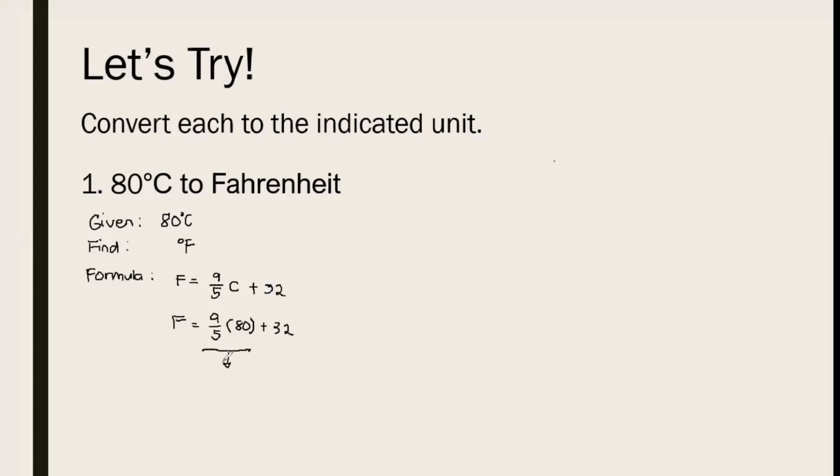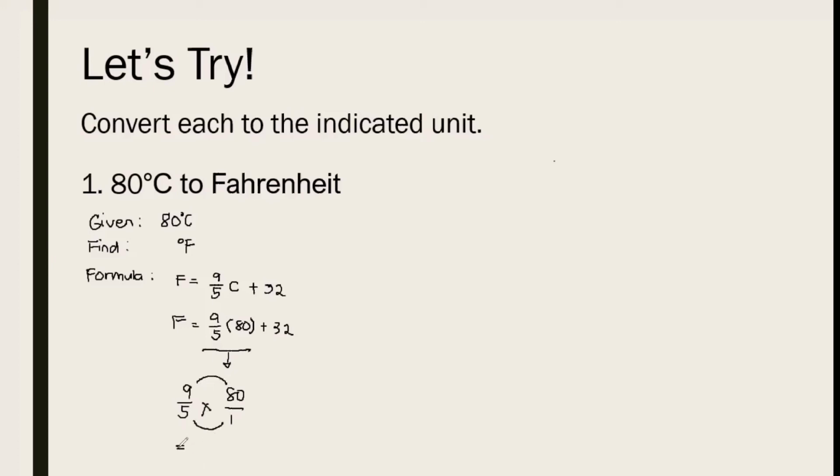Simplify 9 over 5 times 80. So following the rule in multiplying a fraction and a whole number, we have 9 over 5 multiplied by 80. Now, since 80 is a whole number, it has a denominator of 1. And then we multiply 9 by 80 and 5 by 1.